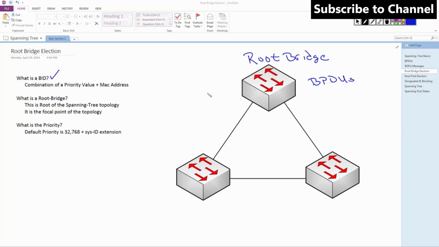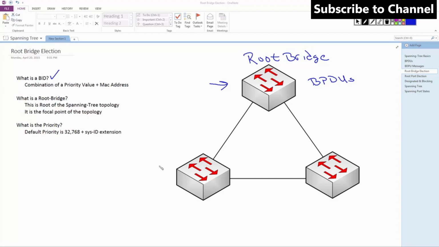We're closing off links to create our tree. Now, the root bridge is the focal point of the entire topology. So where you put your root bridge could be important, but for now we're just focusing on how all this works.